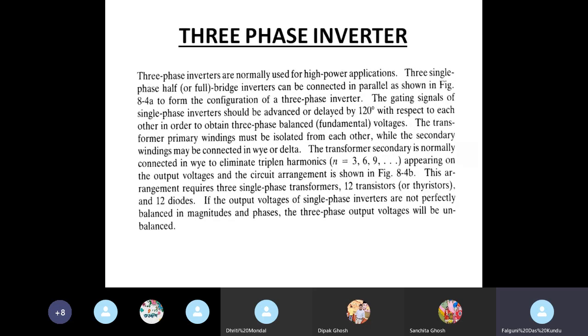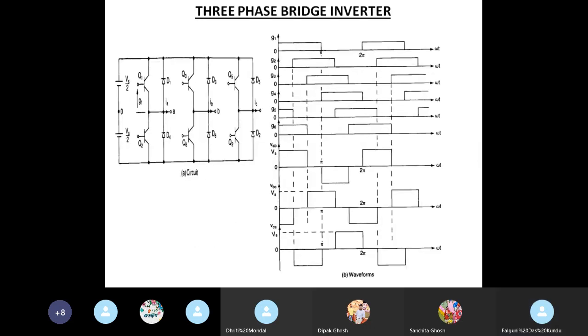Now this is the simplest circuit which is required for our analysis.